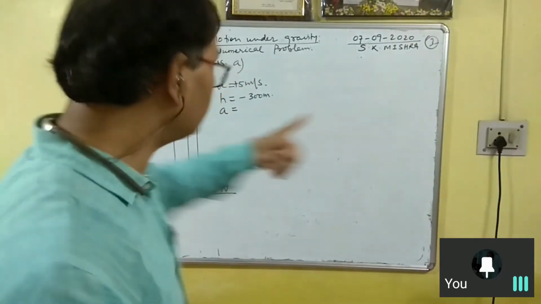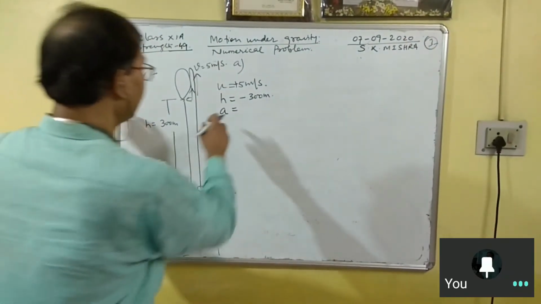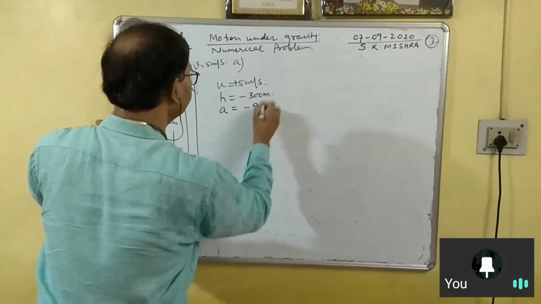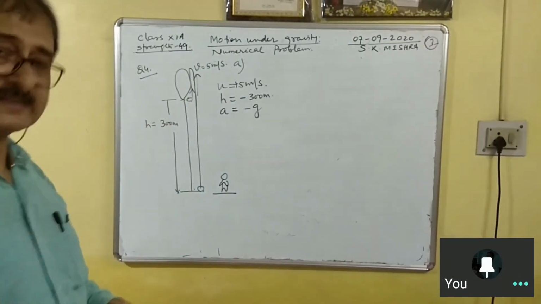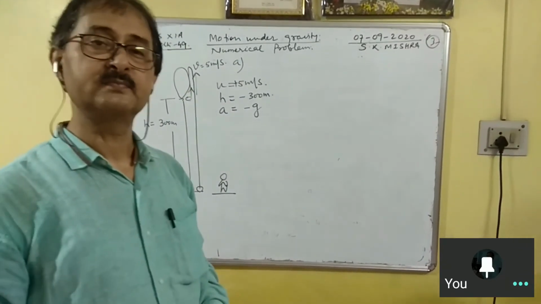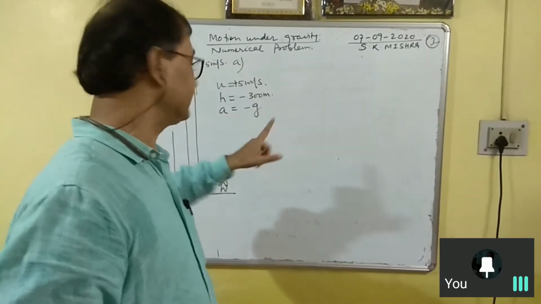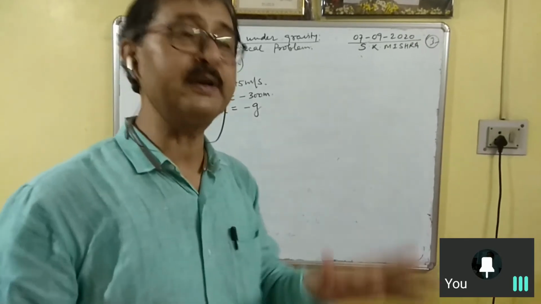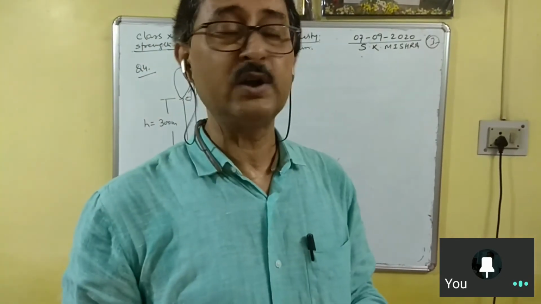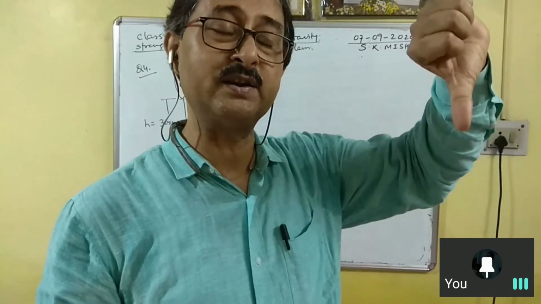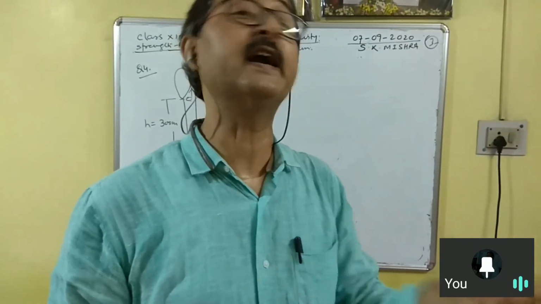Since the motion is upward, the acceleration is minus g. What I told you in the earlier classes, acceleration due to gravity is always minus g. Physical quantities in the upward direction are positive, and those in the downward direction should take a negative sign.